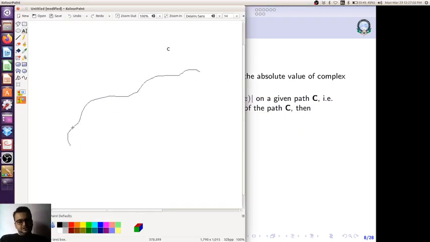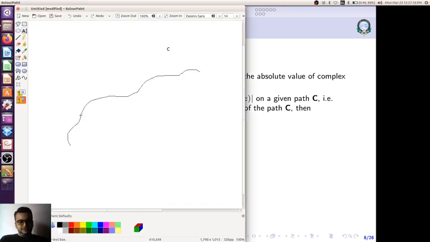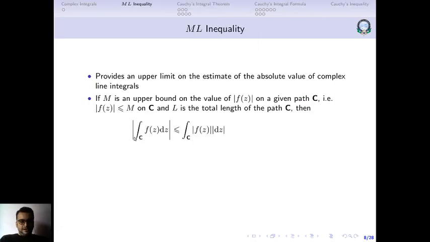And suppose you also find out the total length of this path. Let's say the total length of this path is L. Then what will be the magnitude of the integral of this function over the entire path? The magnitude of the integral is less than or equal to the integral of magnitude of f times magnitude of dz.